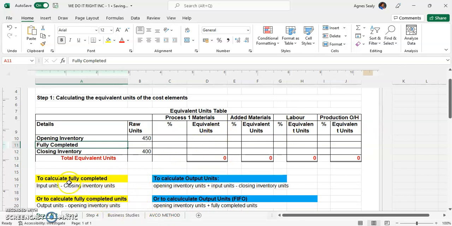So here we have two formulas to calculate fully completed units. One, we can take our input units and subtract our closing inventory units. And the other one, we can take our output units and subtract our opening inventory units. So let's see which of these formulas we would use.